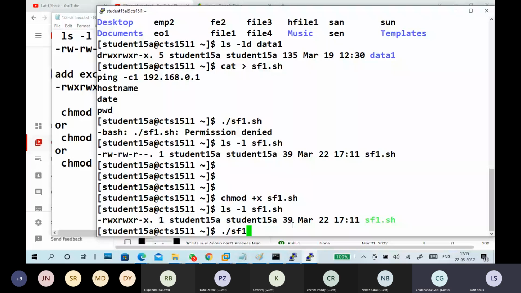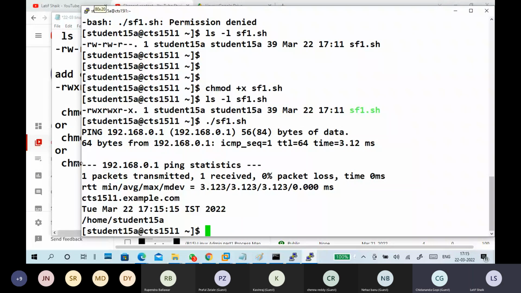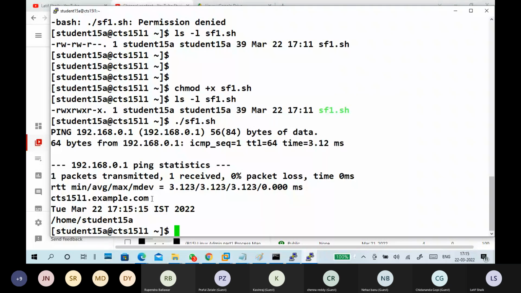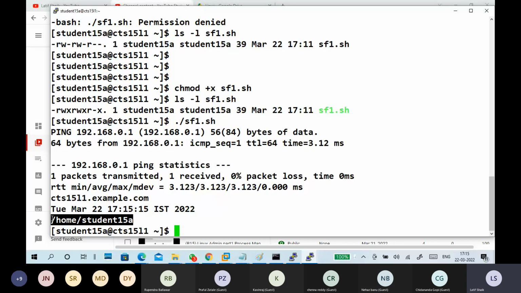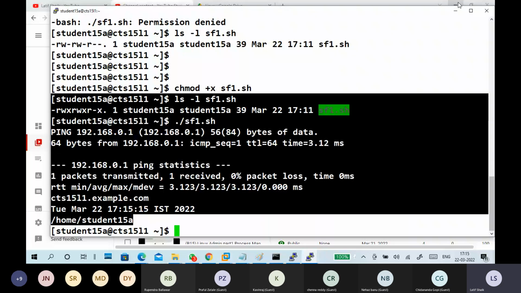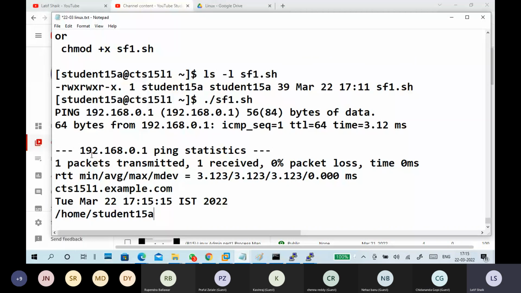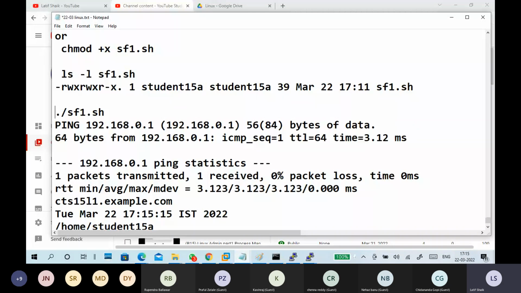It is executed. First one is pinging, completed. This is hostname. This is date. This is pwd, present working directory. So this is an executable file, meaning the file contains shell scripting or shell-based commands, not just text lines.